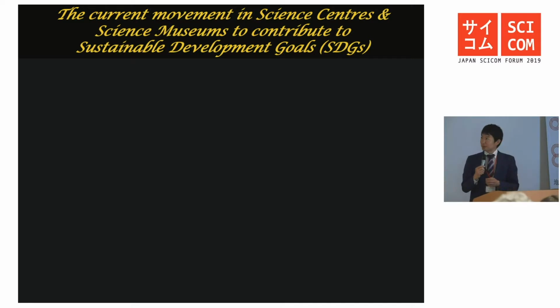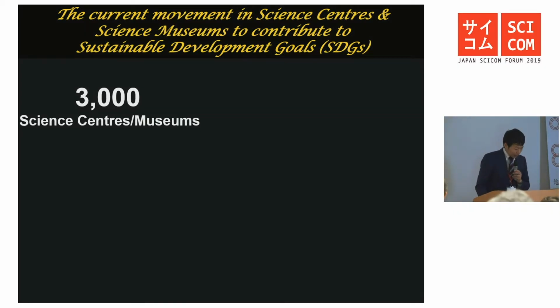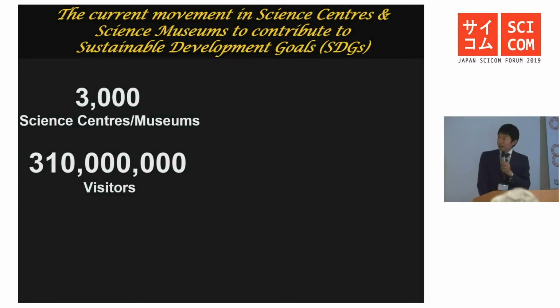What can we do? First, how many science centers and science museums are there in the world? And how many people will visit them in a year? There are about 3,000 science centers and science museums around the world, with approximately 310 million visitors each year.